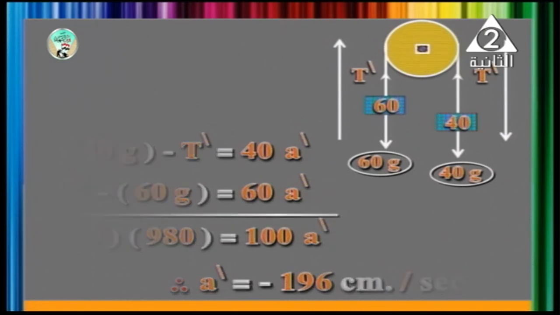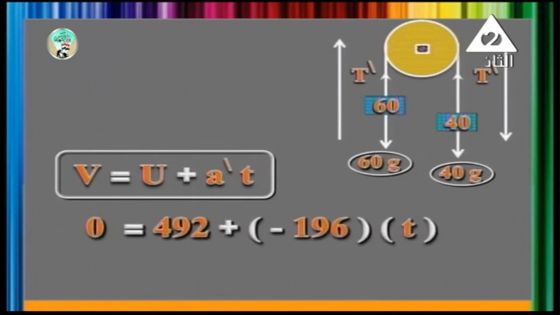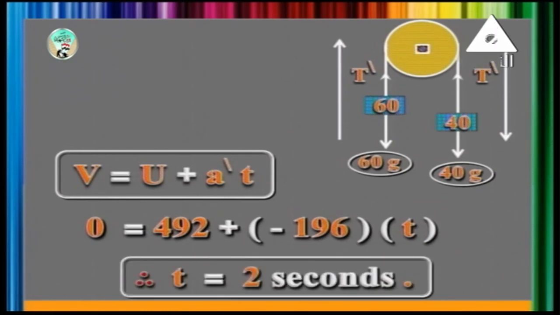Then we use the first equation of motion: final velocity equals initial velocity plus a dash t. By substitution, v equals 0, initial velocity 392, and acceleration negative 196, to find the time t. Then t equals 2 seconds.